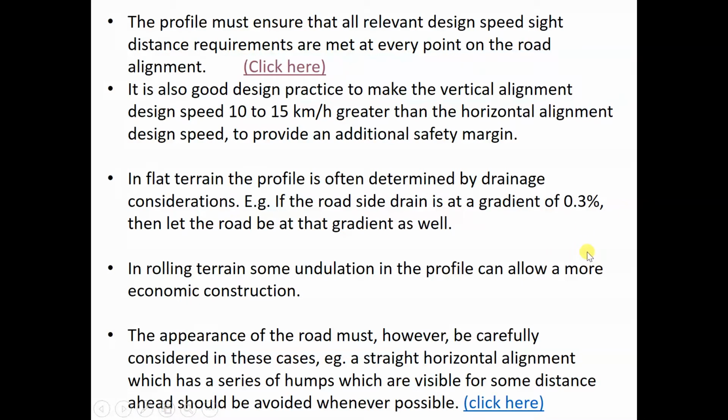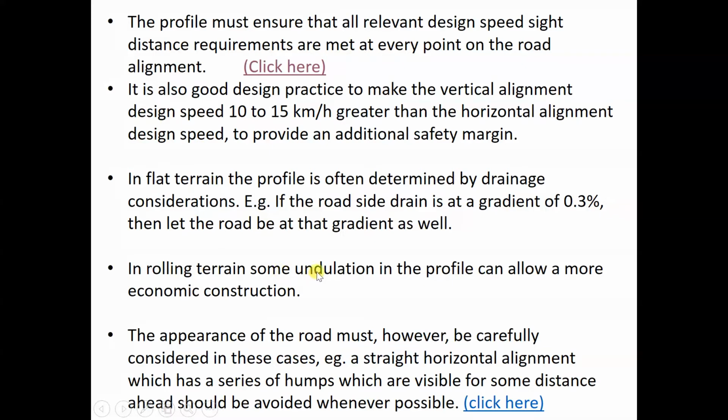Sorry, that is 1 in 300. 1 vertical to 300 horizontal gives 0.33%. So to get 0.3%, it actually needs to be 1 vertical and 333 horizontal.